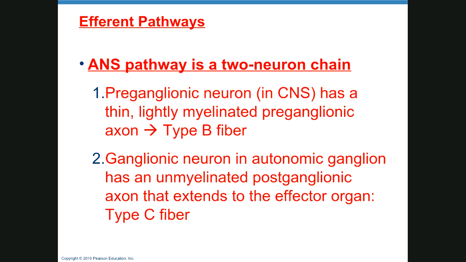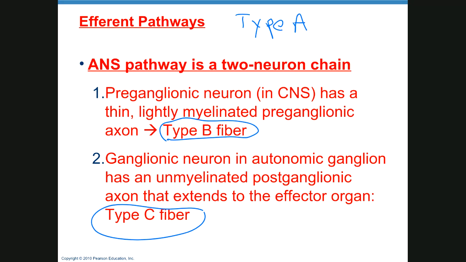Again, from chapter 12, towards the end of the chapter, we talked about types of fibers, types of axons of neurons, and we said we had type A, type B, and type C. Type A were large and myelinated, and these are going to be the somatic motor neurons: type A, large neurons that are myelinated.